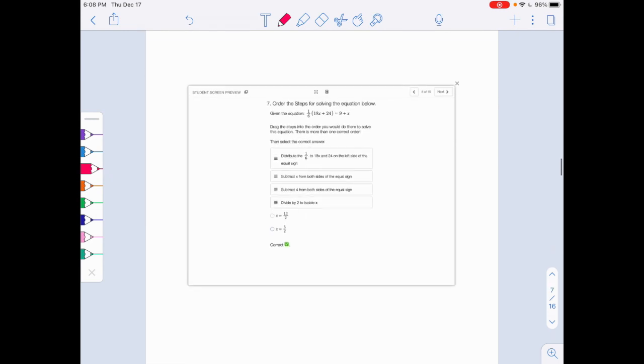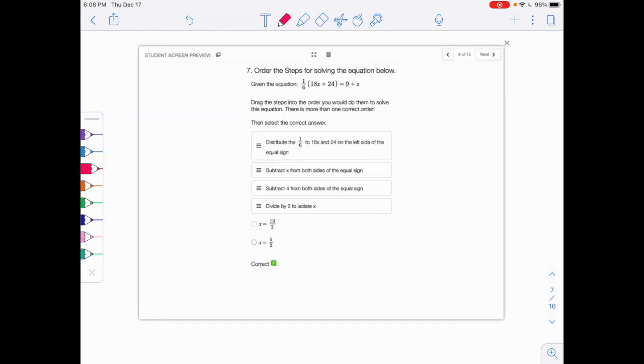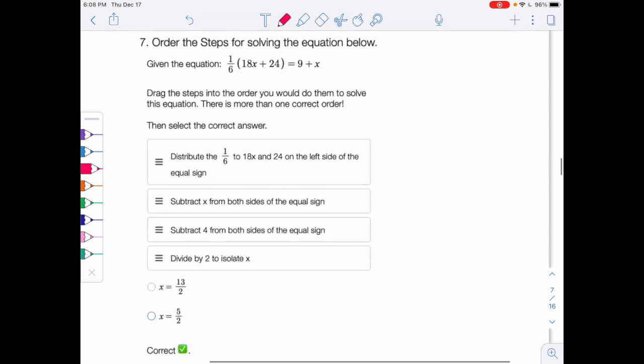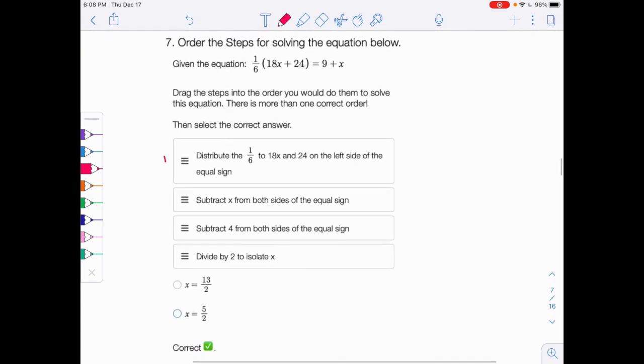All right, here it asked you to put the steps in order. I did put them in order. This is the correct order. You could have also switched step 2 and step 3. That really wouldn't have made a difference. So this said to distribute the 1/6, that would be our first step, and that would get us 3x plus 4 equals 9 plus x.